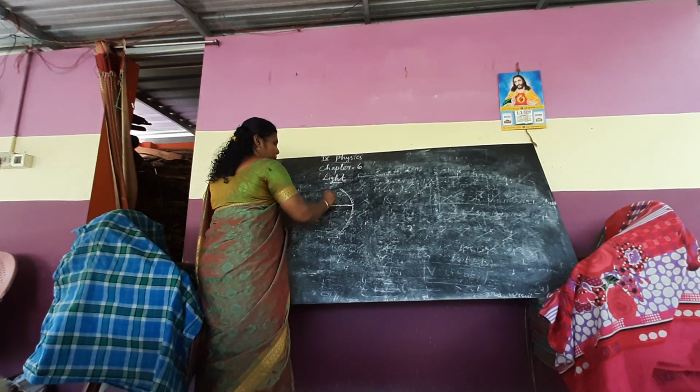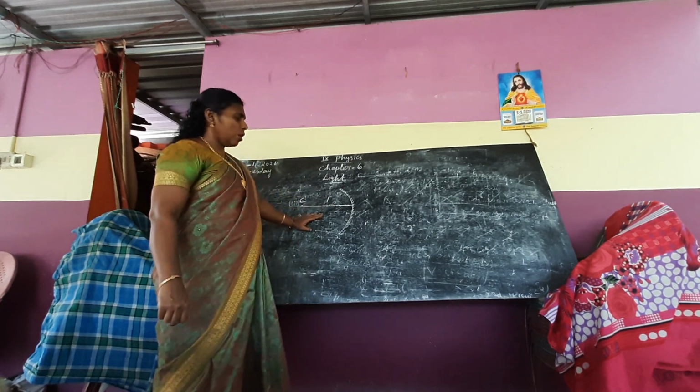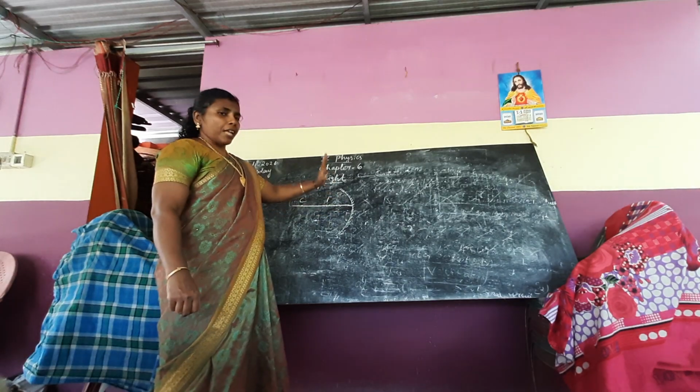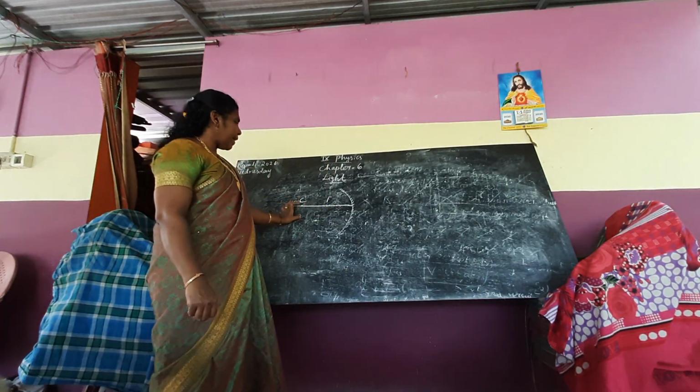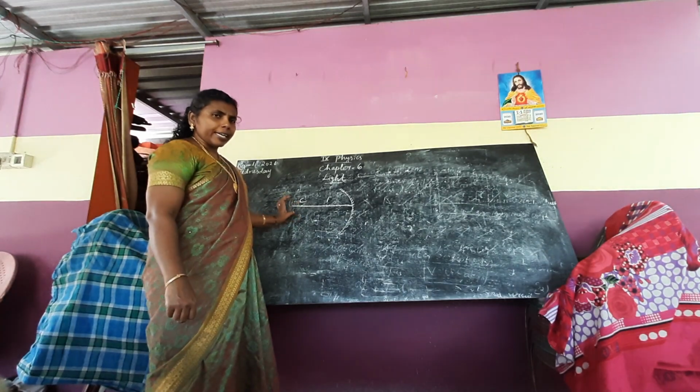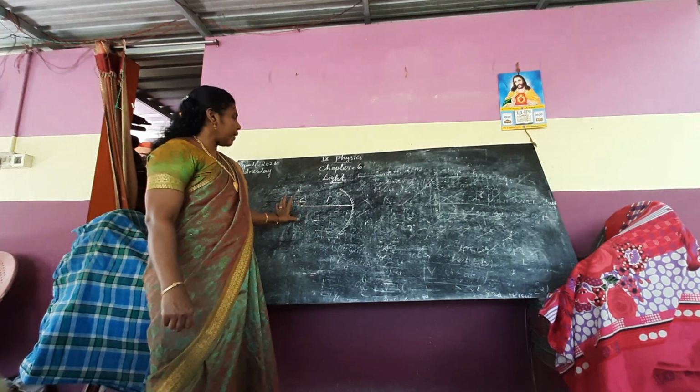Now here the principal focus F and the center of curvature C. On the principal axis you have to write these. C means center of curvature.